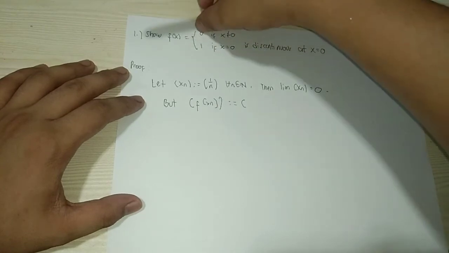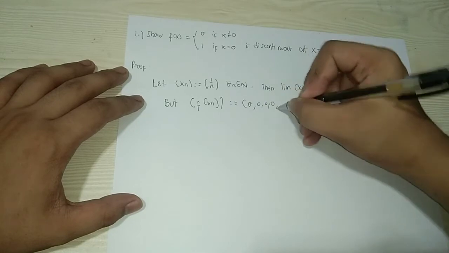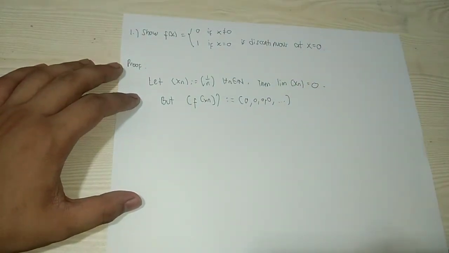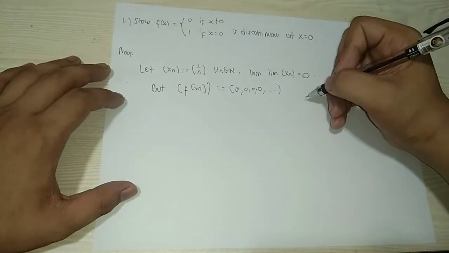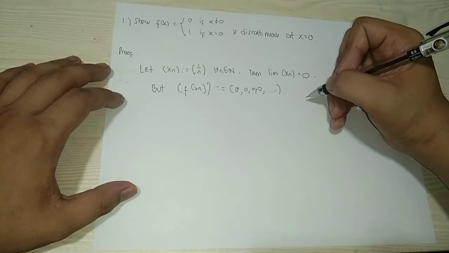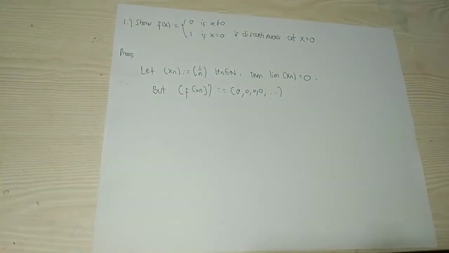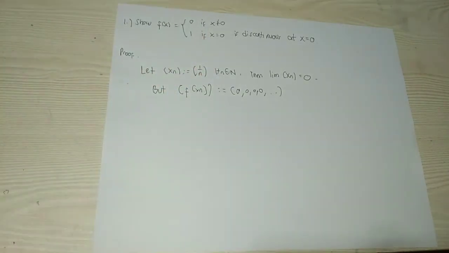Substitute natin sa function, this is always 0. So this is 0, 0, 0, 0, and so on. So, puro siya 0. So, therefore, ano yung limit ng f of x sub n? Okay? Or saan nag-a-approach yung sequence of f of x sub n? Sa 0.